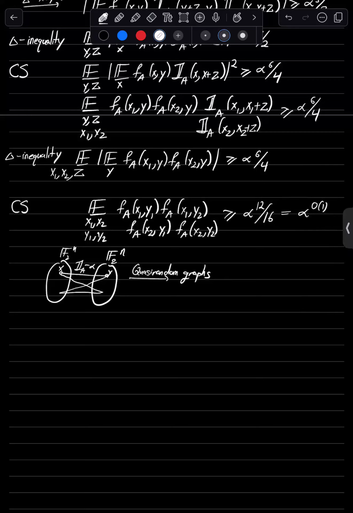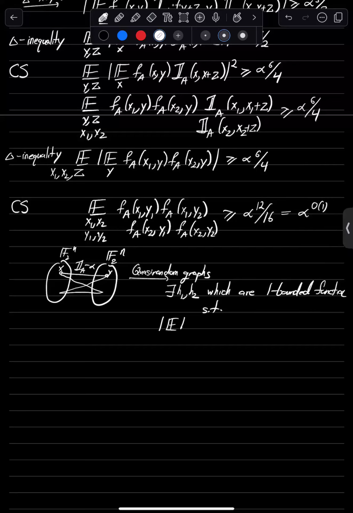So what happens is that there exist h1 and h2, which are one-bounded functions, such that the expectation of h1(x) h2(y) f_A(x,y) is bigger than alpha to the O(1).